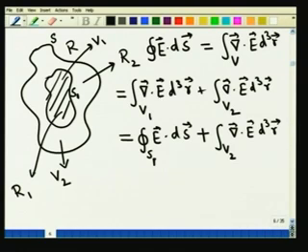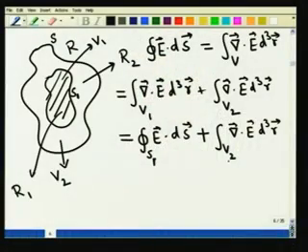Now we can see that this can again be written as a sum of two surface integrals, not one, because I started with the expression integral E dot ds over S plus the integral over S1.